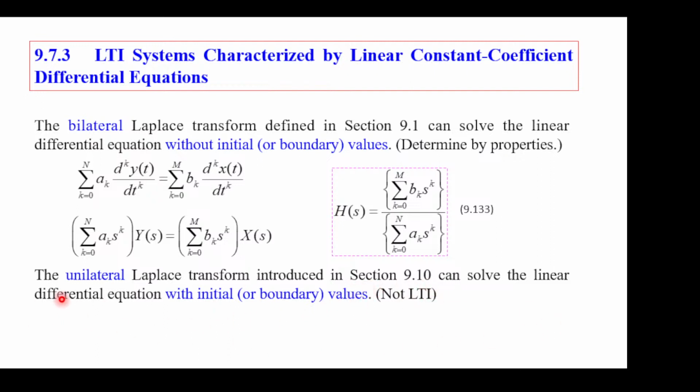Nonetheless, we will be able to solve those differential equations with boundary conditions by the unilateral Laplace transform. But that's for next week. For now, let's focus on our bilateral Laplace transform, or just Laplace transform.